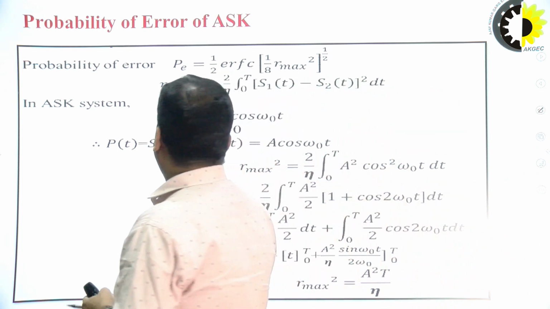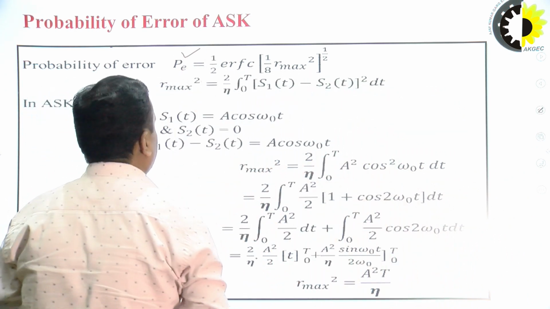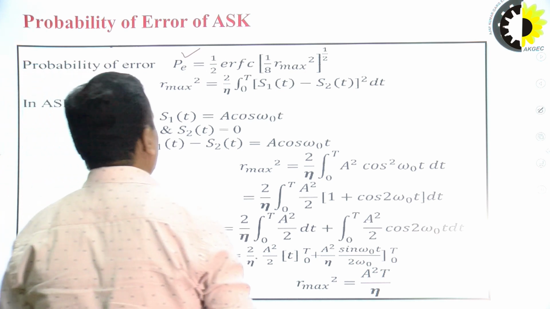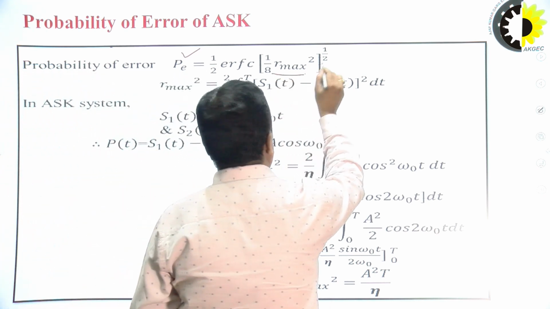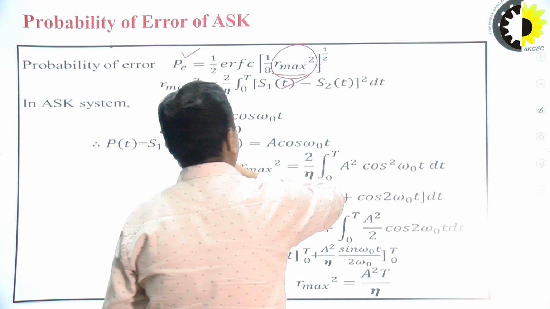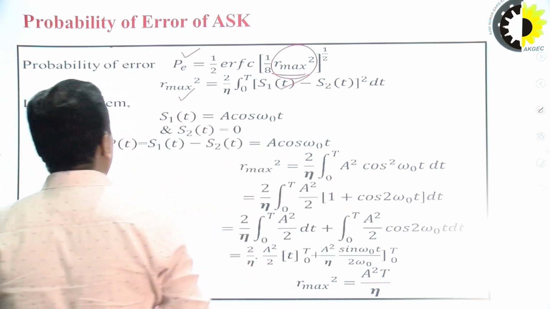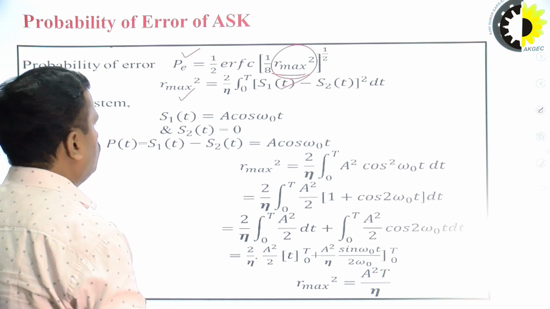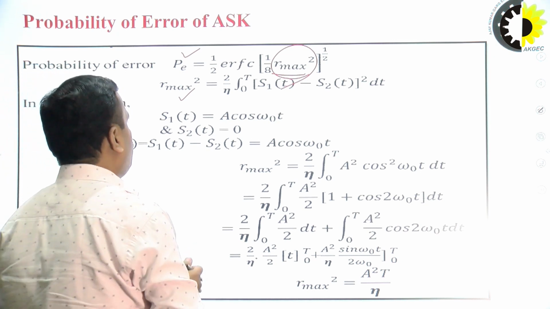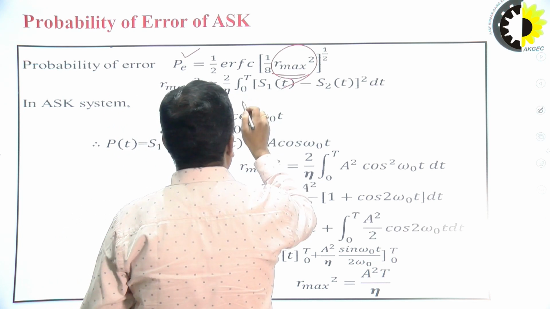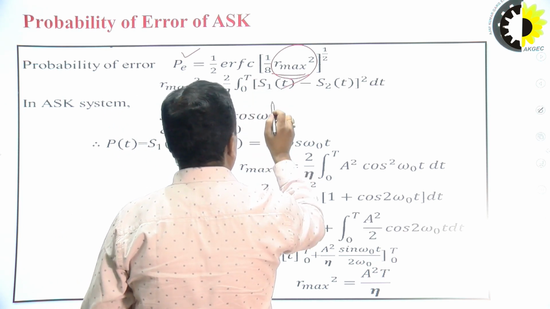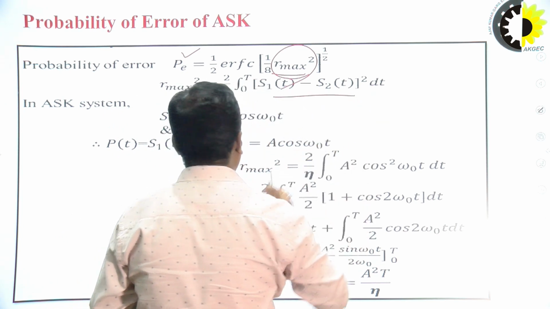So the probability of error is Pe equal to 1/2 erfc of (1/8 R maximum squared), where this is your signal to noise ratio. At first we have to calculate R maximum squared, the signal to noise ratio. The formula is 2 upon eta 0 times the integration from 0 to capital T of (s1(t) minus s2(t)) whole squared dt.